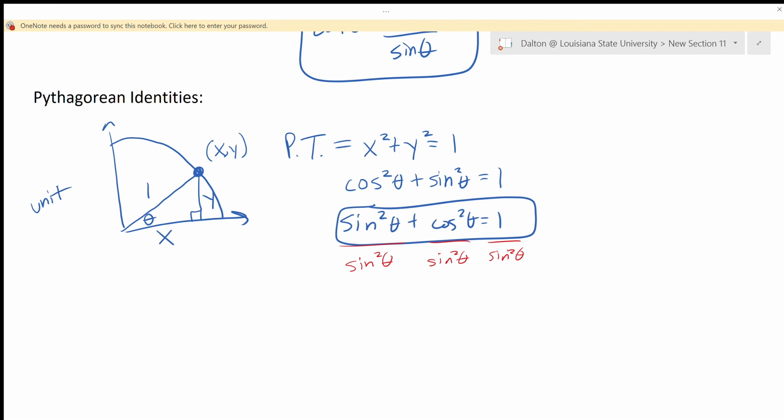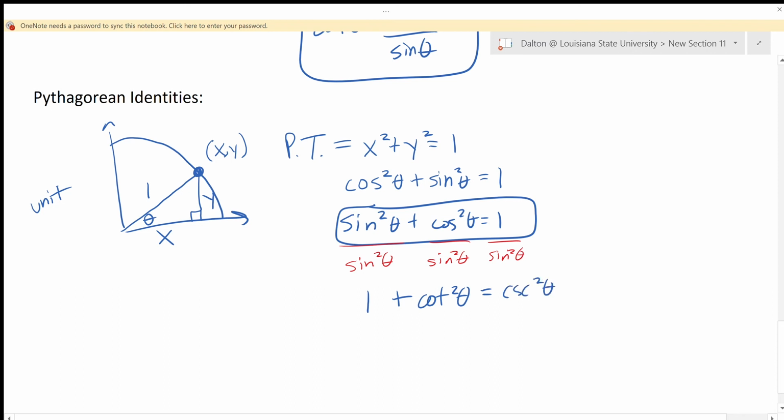What is sine squared theta divided by sine squared theta? 1 plus, what is cosine squared theta over sine squared theta? Cotangent squared theta. And then what is 1 over sine squared theta? Cosecant squared theta. Very good.